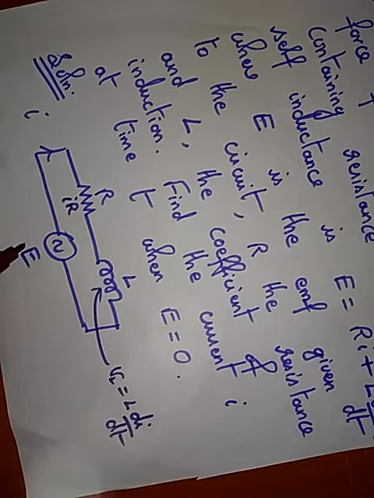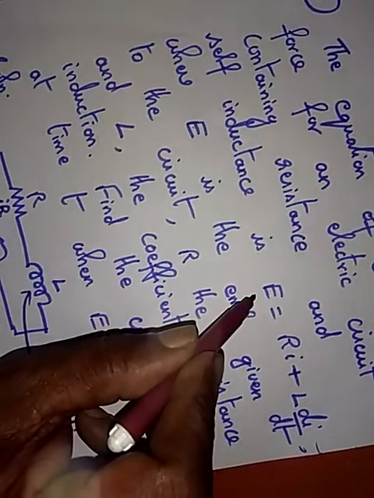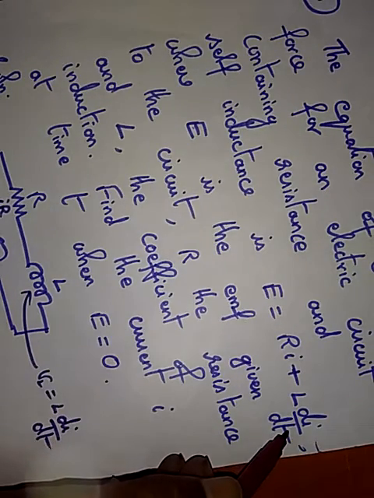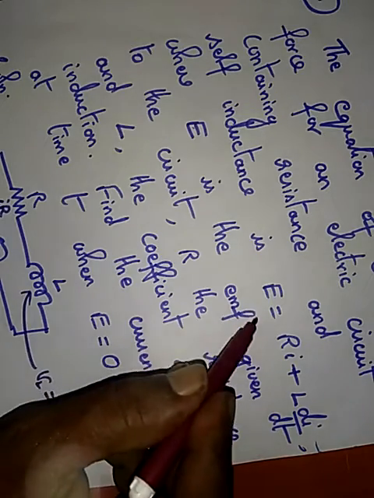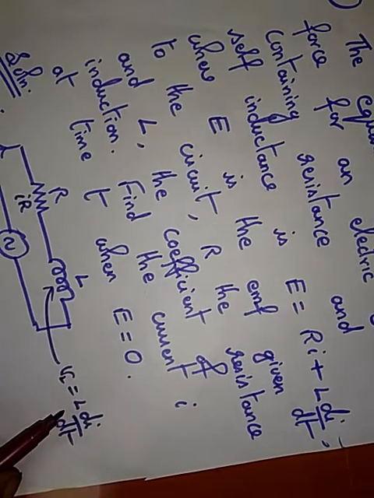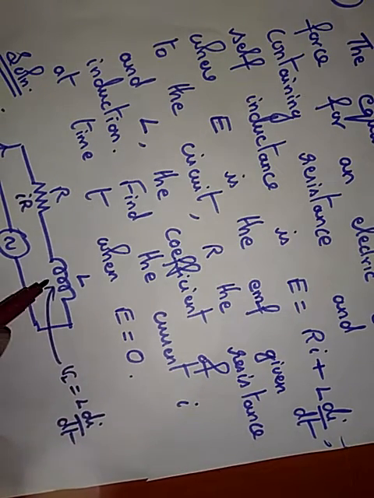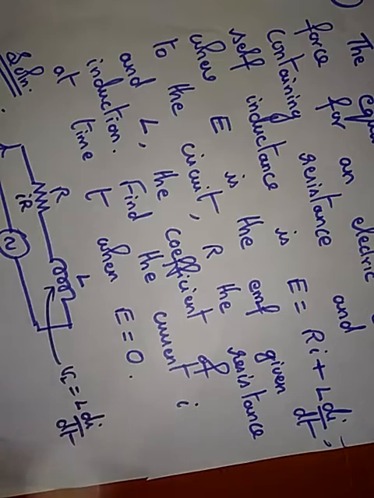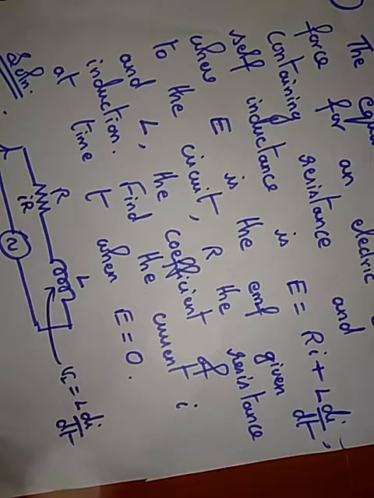Therefore, the applied voltage should be equal to the sum of the voltage drops. That's what this equation is about. So E is equal to R into I plus L di by dt. L is the inductance value, and di by dt is the rate of change of current. So this is the question.